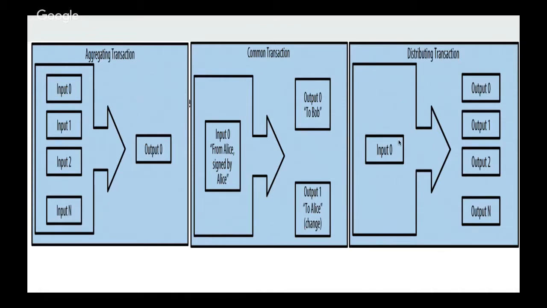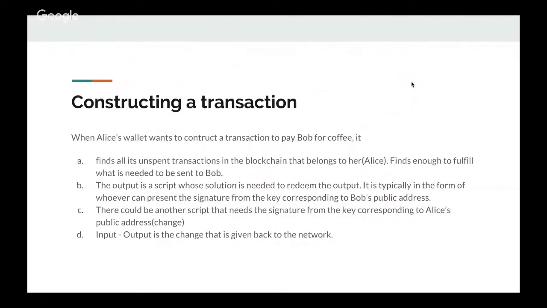Or if I have to pay multiple people in a single transaction, then I can also use one big output as input, and then pay multiple people in a distributed transaction. So how do you construct a transaction? First of all, it finds enough outputs, or unspent transactions, in the blockchain that belong to the person who's trying to make the transaction in the wallet.